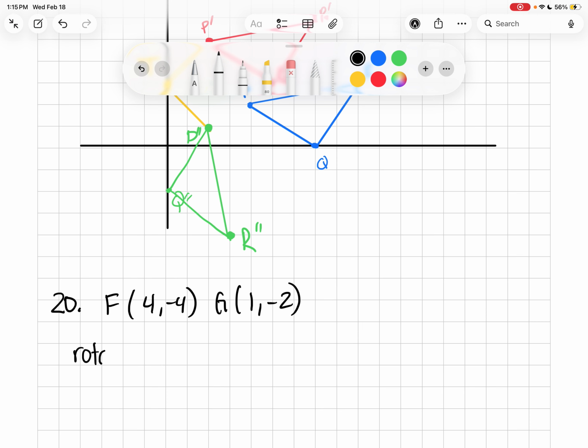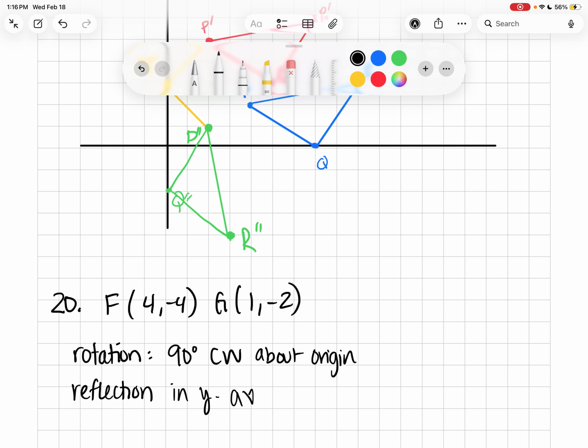So it's a rotation 90 degrees clockwise about the origin. And then it's a reflection in the y-axis.